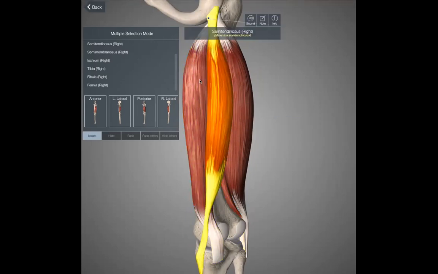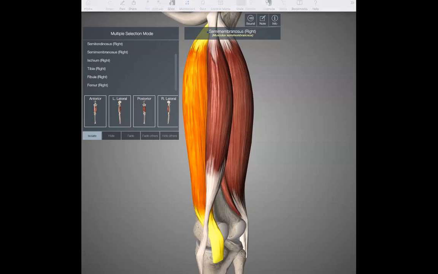The bed is called semimembranosus, and what's sleeping on it is something thin, the semitendinosus. So the tendinous is on top of the membranous. Now, let's dive into details, and maybe after this, I will show you how the book can be of great use for what we have covered.